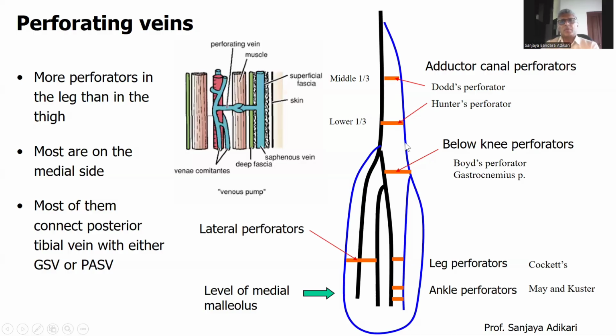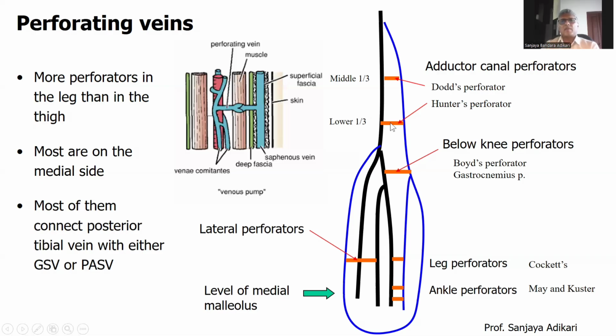So due to the low pressure in the deep veins now, blood will drain from superficial veins through the perforators into the deep veins, because the valves in the perforators open towards the deep veins. And when the muscles contract, the perforator valves will close and prevent blood going back into the superficial venous system. So that's how it works.